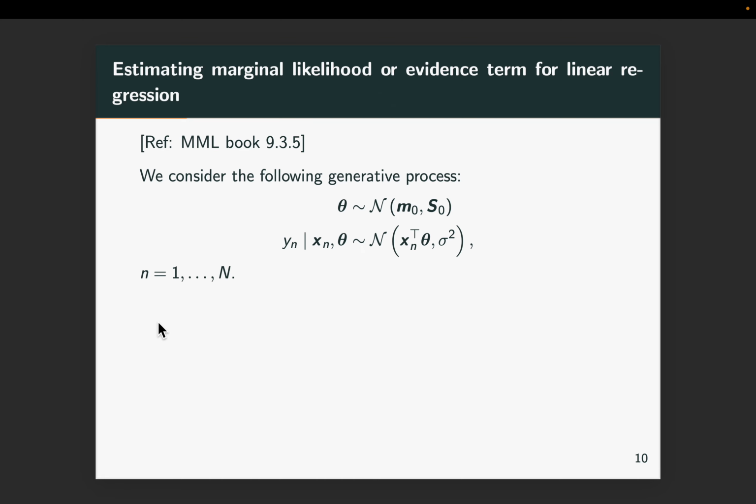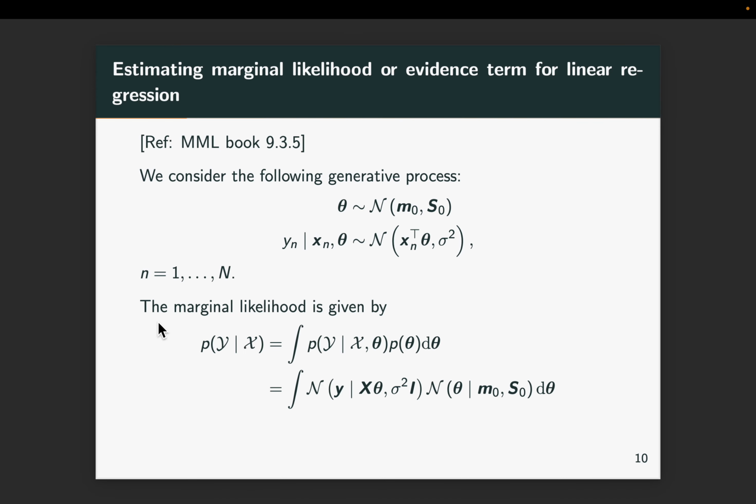We have theta normally distributed with some mean and covariance. We have the likelihood for a given sample: yn given x and theta is normally distributed with x transpose theta and sigma square, where sigma square is the noise variance. And we want to obtain the marginal likelihood, which is P of D, the probability of the data, right? We can also write that as P of y given x.